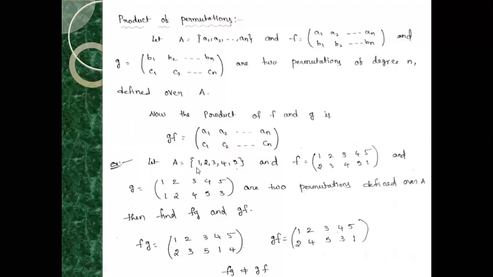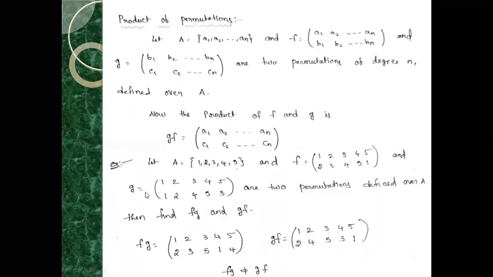Let A = {1, 2, 3, 4, 5}. This is the given set, and we define a function on the given set, F, with first row elements 1, 2, 3, 4, 5. So 1 is related to 2, 2 is related to 3, 3 is related to 4, 4 is related to 5, and 5 is related to 1.